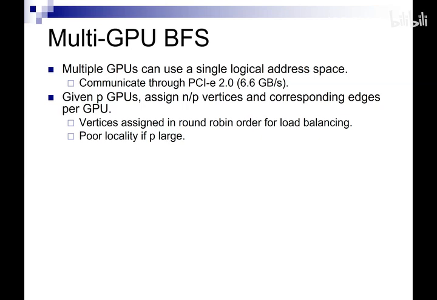They do that for load balancing, but this is going to disrupt the locality of the graph when P is large, because usually the vertices in a graph are organized in some way that the neighboring vertices tend to be close to each other. The vertices don't have to be ordered that way, but usually the way that graphs are formed, they are ordered that way.